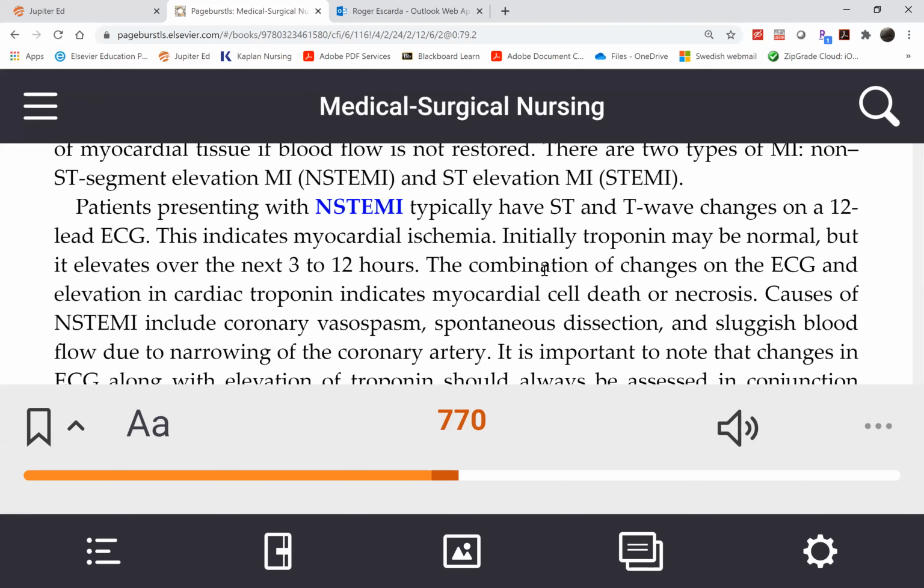So you won't see troponin until at least 2 hours. However, what makes troponin very useful is that it peaks around 48 hours. If it's a true STEMI, it peaks around 48 hours and then it remains elevated until about 10 days.